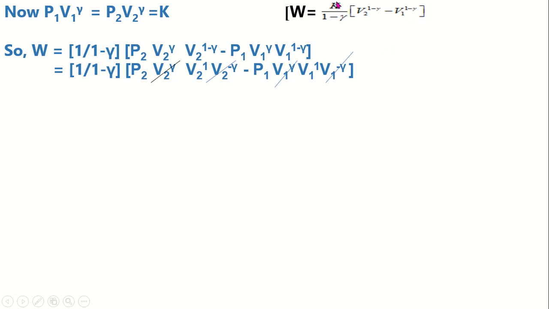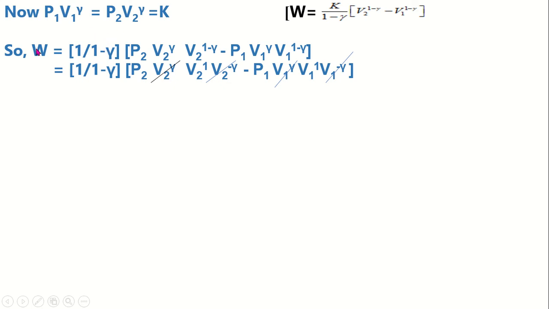So we can multiply this K with the term inside the bracket. So at that time it will be 1 by 1 minus gamma into K V2 to the power 1 minus gamma minus K V1 to the power 1 minus gamma. Okay, we can write that but I skip that line.